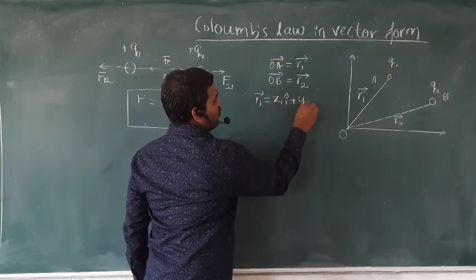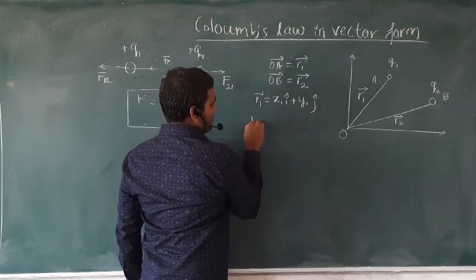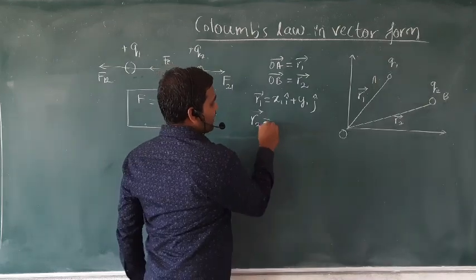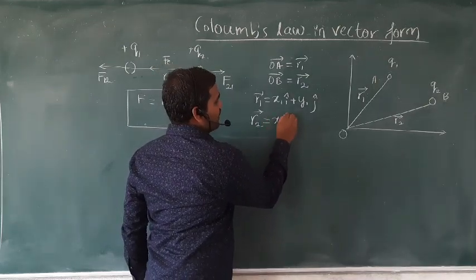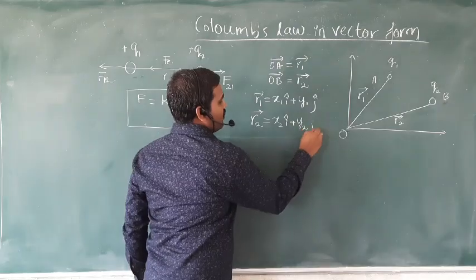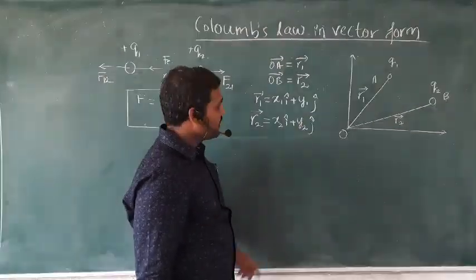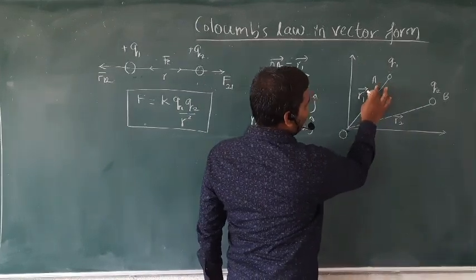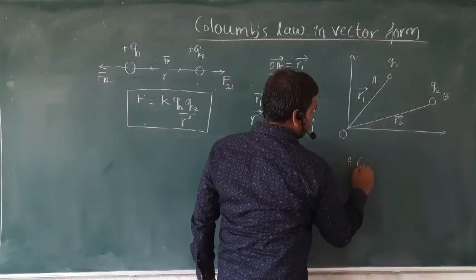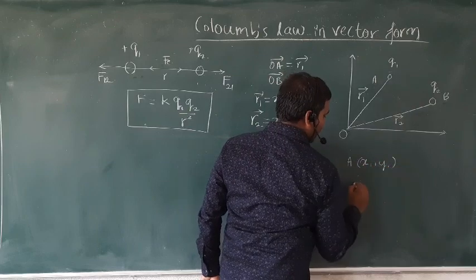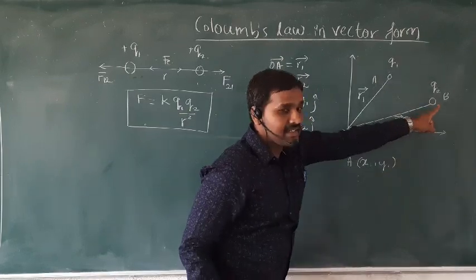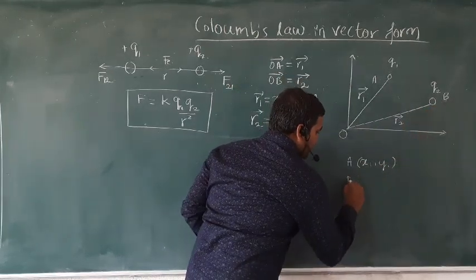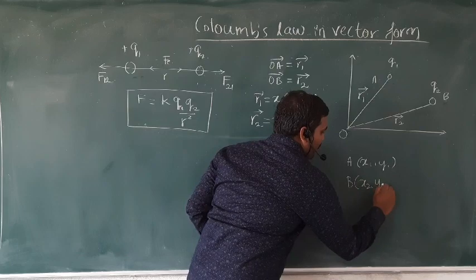This R1 I can write as x1 i plus y1 j. Similarly, this position vector R2 can be represented as x2 i plus y2 j, where x1, y1 are the coordinates of A, and the x and y positions of B can be represented as x2, y2.